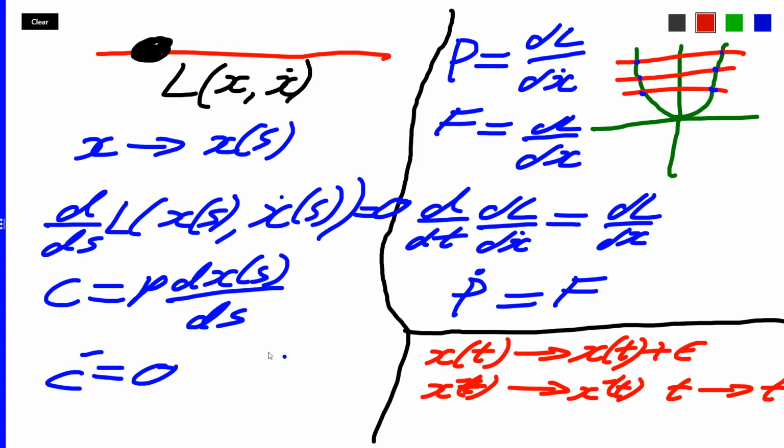So, in essence, what we have said here is we use this symmetry. We translate x of t by an infinitesimal change epsilon. We just add it onto it. And when we do that, it goes to x of t plus epsilon. We take the differential of both of them, we get x dash of t going to x dash of t, which means that t goes to t.